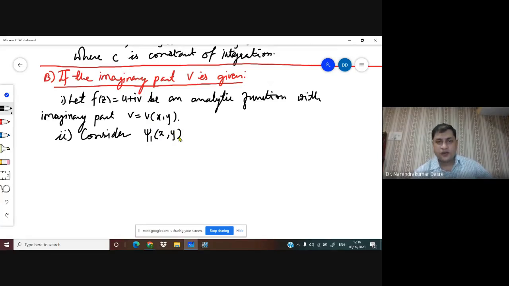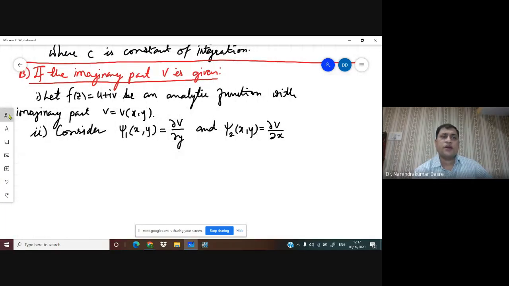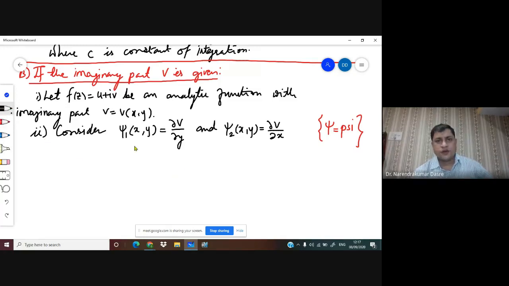We have psi 1 is equal to del v by del y, and psi 2 is equal to del v by del x.